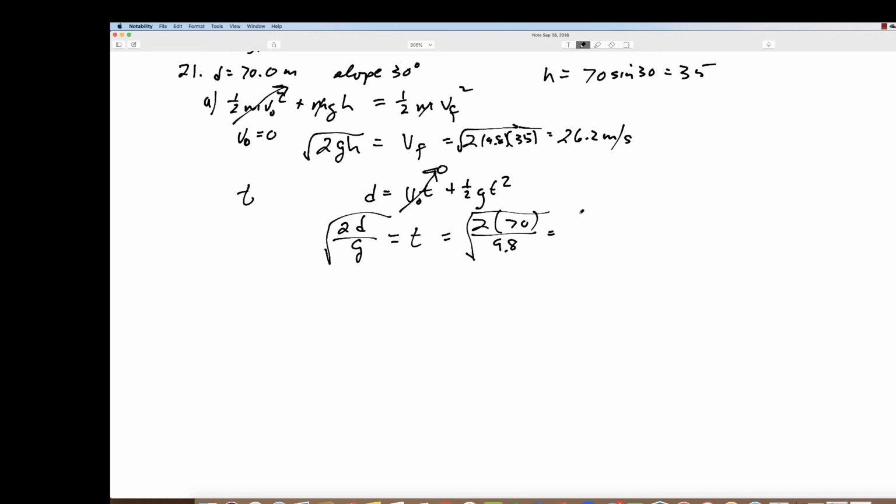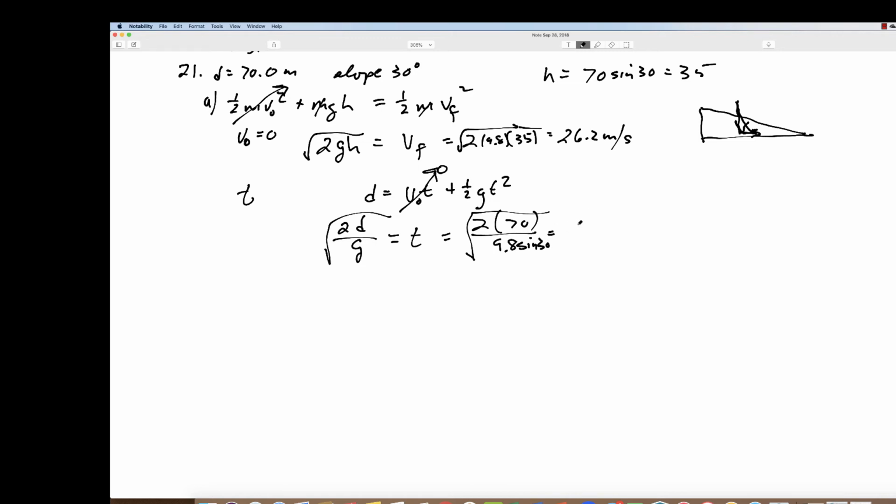If we do that math, we have to take into account that g goes straight down, and the actual acceleration is going to be related to the parallel force here. So this is actually going to have to be multiplied by the sine of 30 degrees.